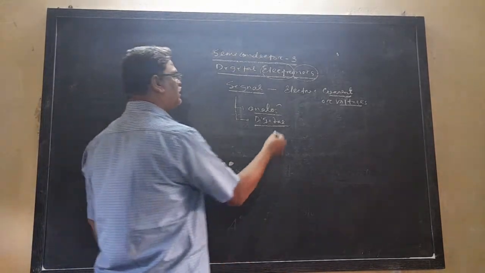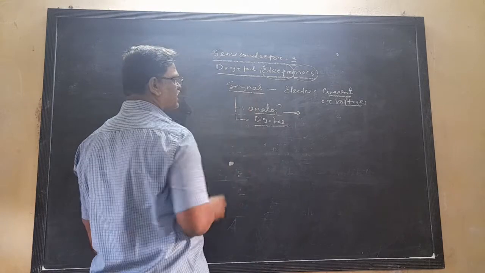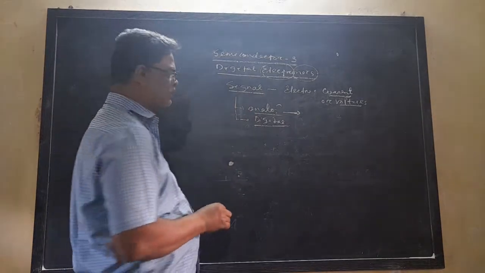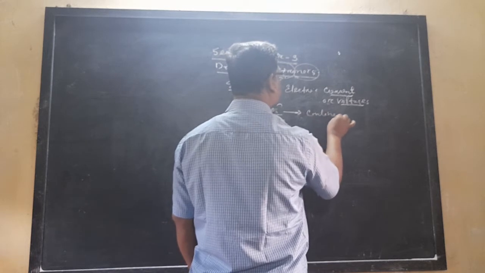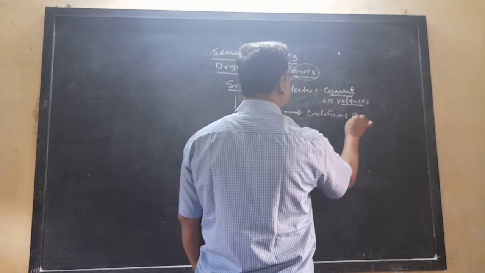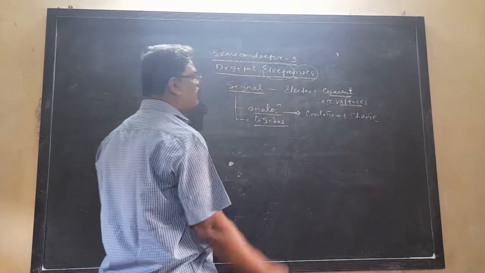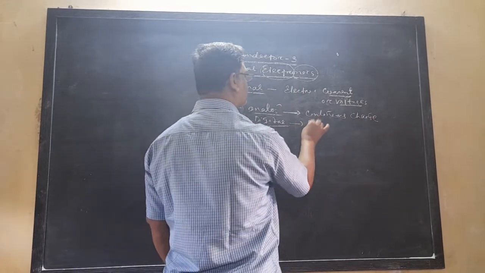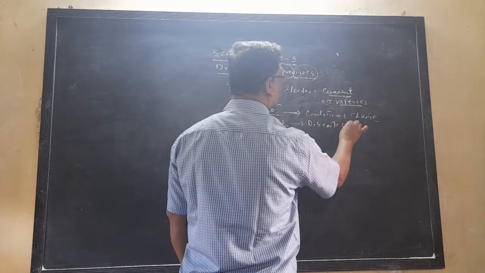What is the difference between analog and digital? In an analog signal, the signal changes with respect to time continuously. That is the analog, and the digital is a discrete change.